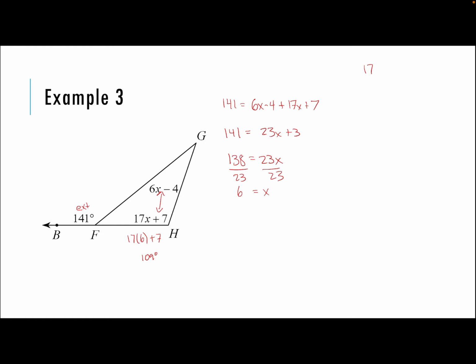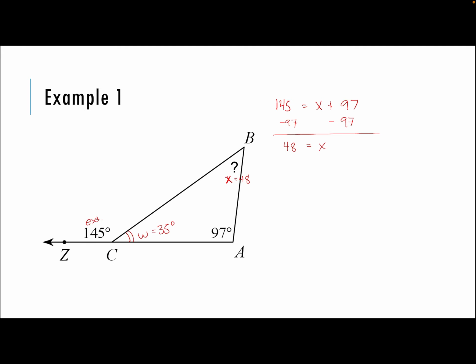And then angle G is 6 times 6 minus 4, which is 36 minus 4, which is 32 degrees. So 109 plus 32 equals 141. So our two opposite interior angles add to equal the exterior angle.